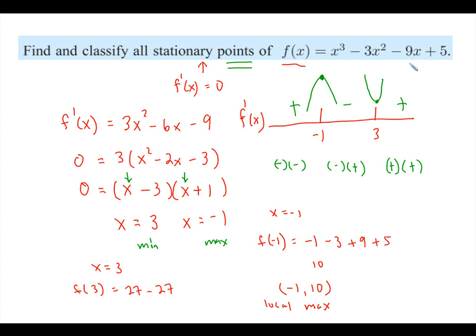And then 3 times negative 9 is negative 27, and then plus 5. It looks like we end up with negative 22. So when x is 3, y is negative 22, and at this point we have a local minimum.